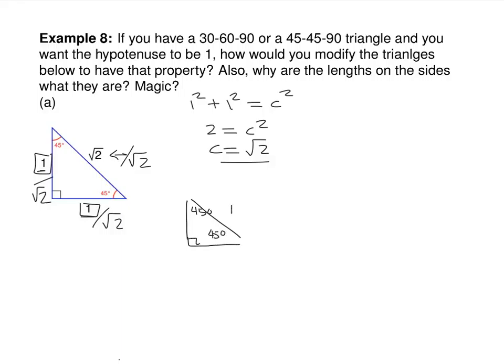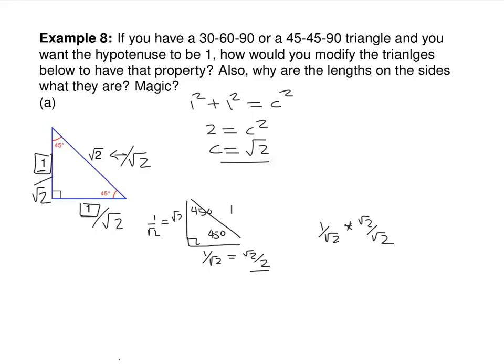The hypotenuse is now 1. This side is 1 over root 2. That side is 1 over root 2. And if you rationalize the denominators, what does 1 over root 2 rationalize to? Multiply by root 2 over 2. Does that make sense? I take 1 over root 2 and multiply by root 2 over root 2, right?